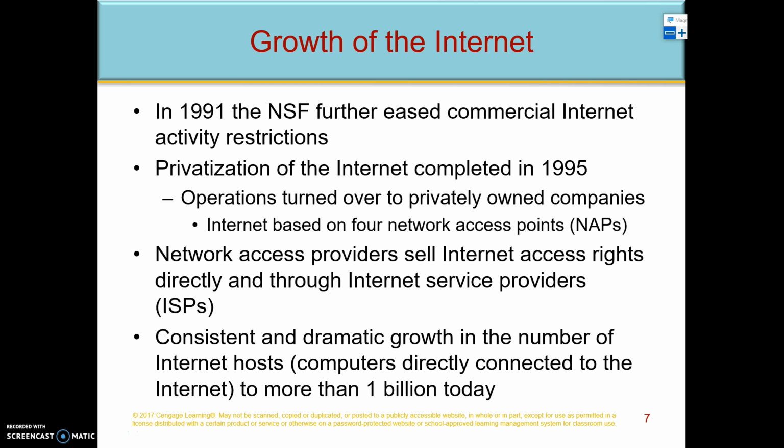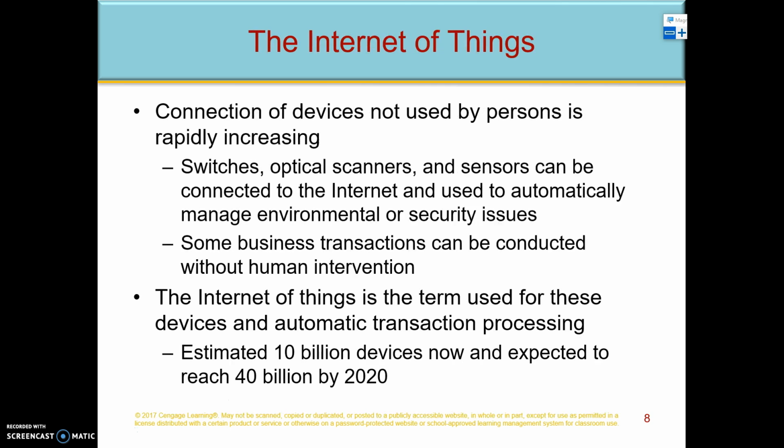Consistent and dramatic growth in the number of internet hosts has grown to more than 1 billion today. There's something called the Internet of Things, a connection of devices not used by persons that's rapidly increasing. This will be things like optical scanners, switches, and different things.